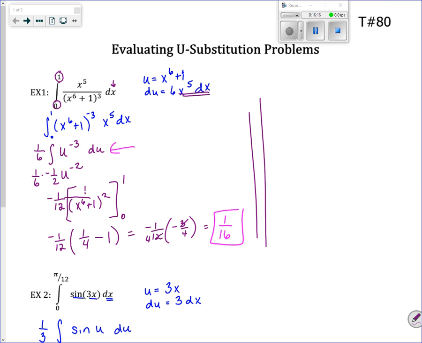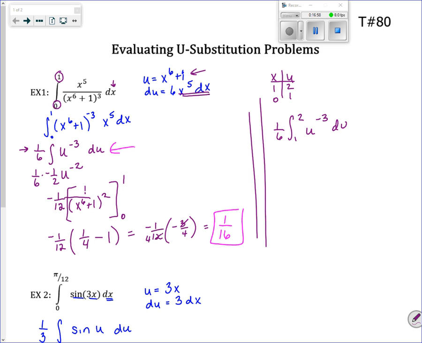If I am solving for the actual number, I'm so used to changing my bounds that I do that in this line. Are you with me that if I were to change my bounds on this first one, x and u, 1 and 0, like we just did, here's my equation. So 1 to the 6 plus 1 would be 2. And then if I plug in 0, I would get 1. So if I wanted to, I could write, if I put this with bounds, I could write it like this, correct?